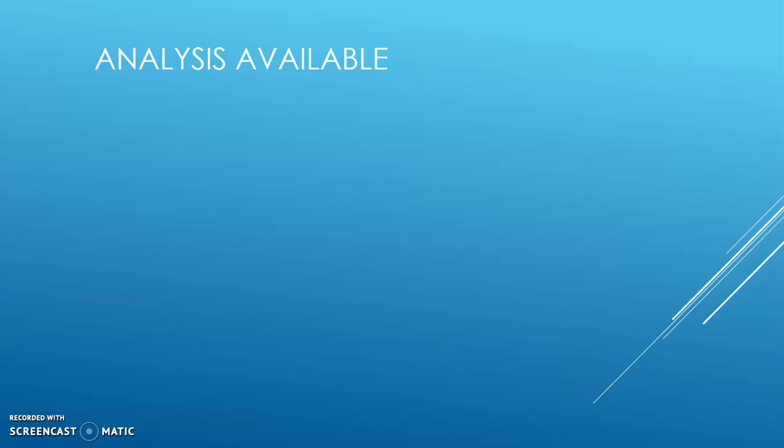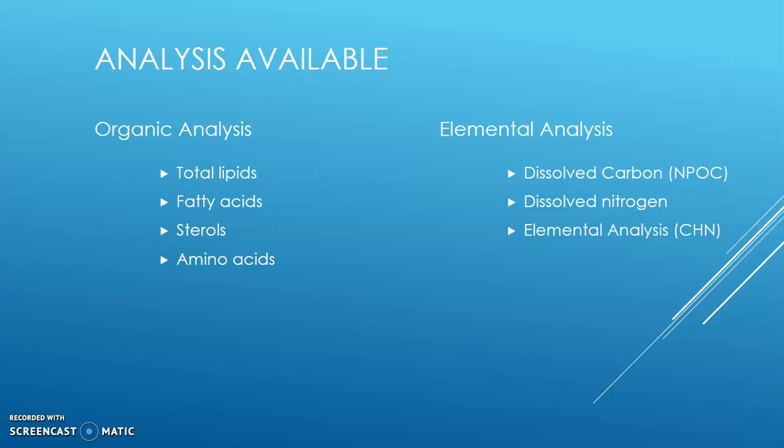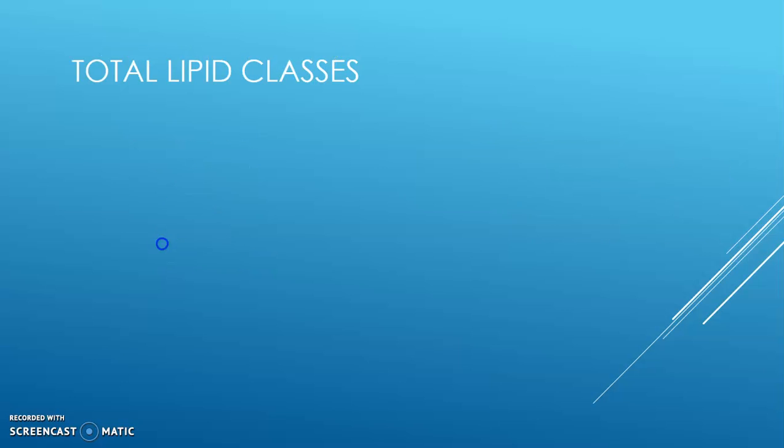The analyses that we provide under the umbrella of organic analysis are total lipids, fatty acids, sterols, and amino acid analysis, while the elemental analyses that we do are dissolved carbon as NPOC and dissolved nitrogen. We also do CHN analysis on particulate samples.